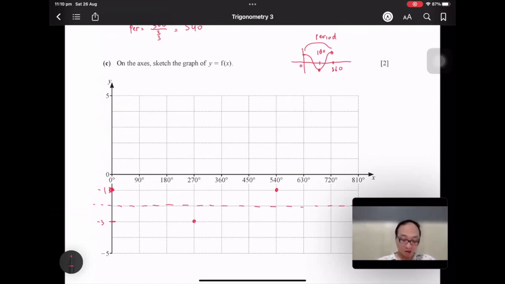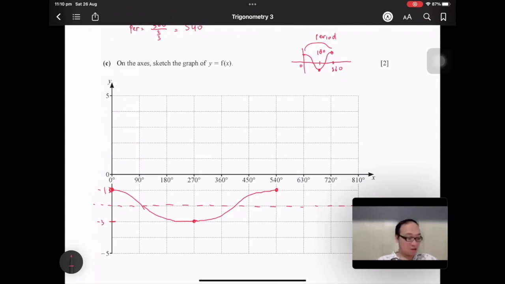So for the first one, I can draw it like this. And that continues until 810.